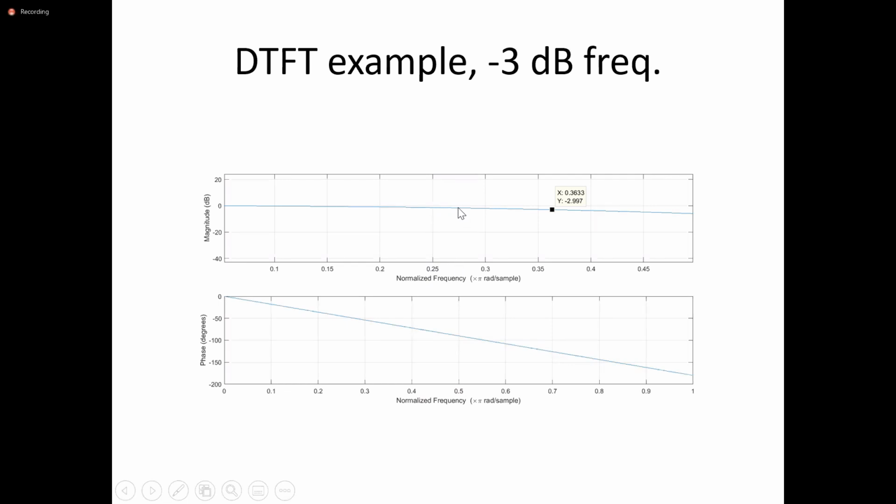We would want our cutoff frequency to be about there. It may not be exactly 3 dB down, although this one actually is, but we're just using this as an illustration, so hopefully conceptually you can understand what we're saying: we want a cutoff frequency somewhere around 0.27.